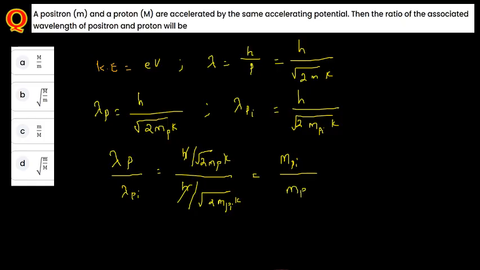Positron here is small m and proton here is capital M. So the answer in this case is the square root of small m divided by the square root of capital M.